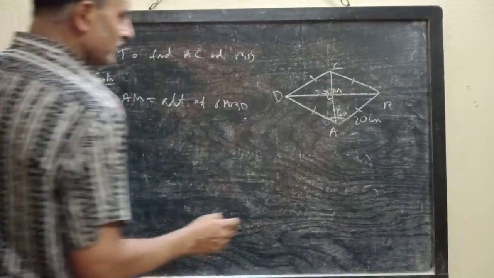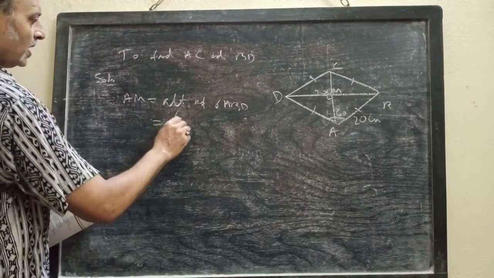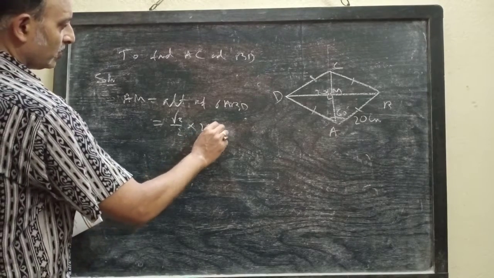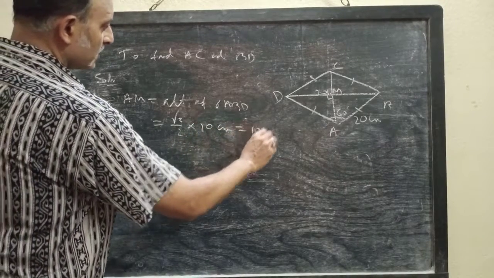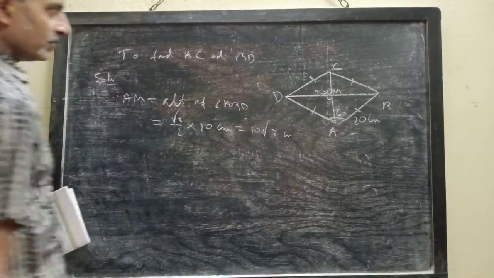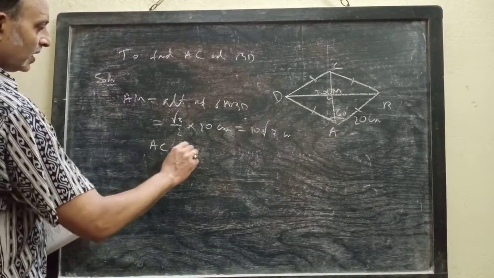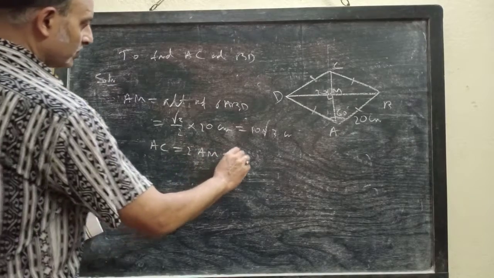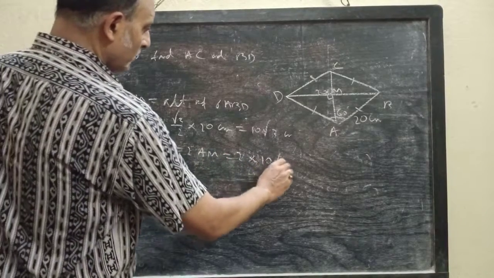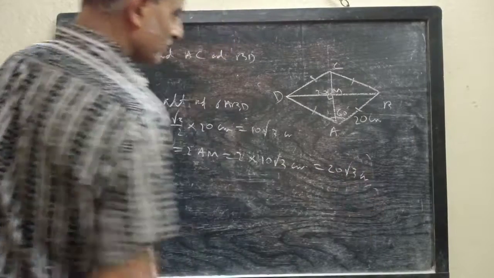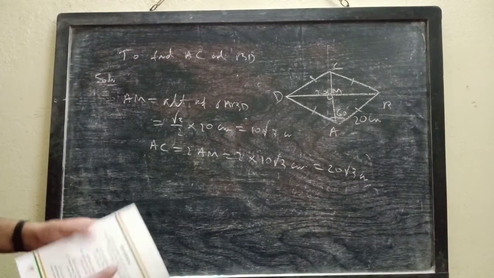Because this is a right angle, and we know the length of the altitude of an equilateral triangle is root 3 by 2 into side. Root 3 by 2 into 20 centimeters. So this is 10 root 3 centimeters. You get AM as 10 root 3 centimeters. Now AC is twice AM. 2 into 10 root 3 centimeters, that is 20 root 3 centimeters. So you get the lengths of both the diagonals.